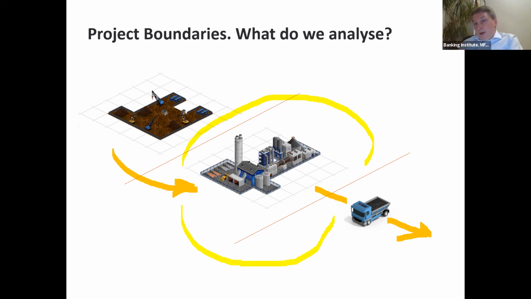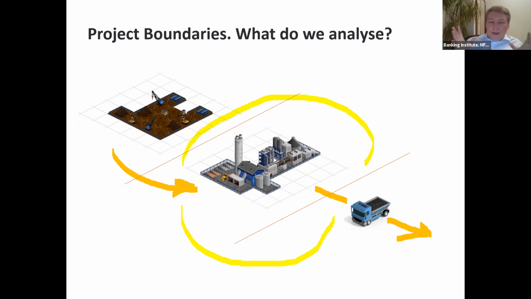And the same way, everything that happens after we sold our cement from the gates of our plant is ignored as well. Although in many projects we will have a distribution chain, and in this case, we would use the price of cement, not at the plant gate, but at some final users.